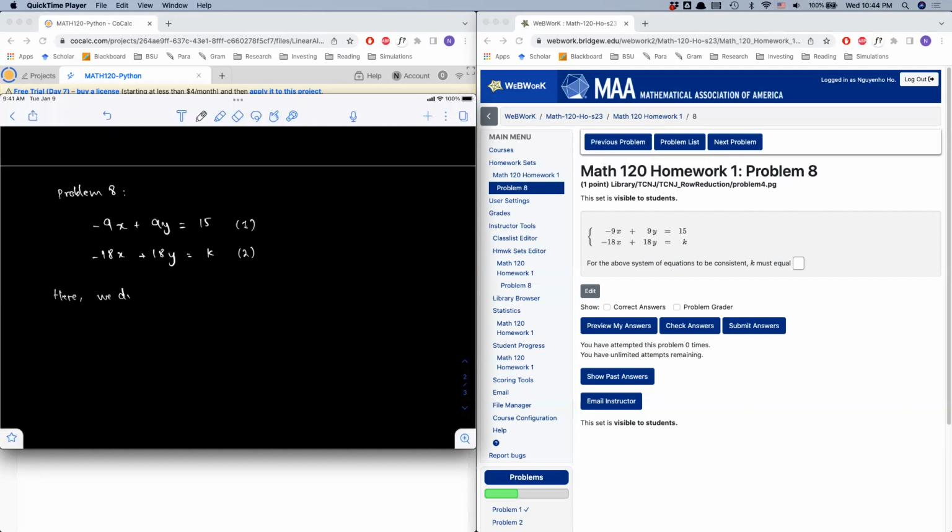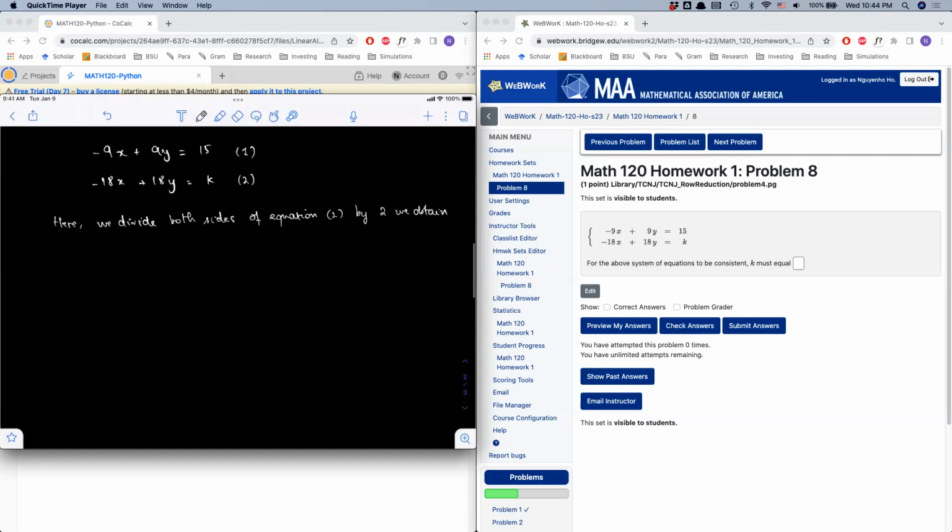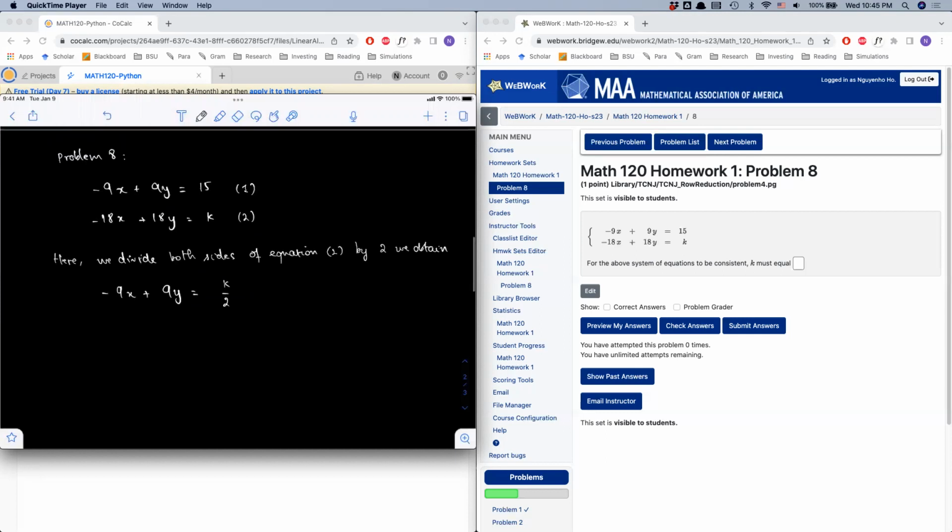We divide both sides of equation 2 by 2, then we obtain -9x plus 9y equal to 1/2 times k. Divided by 2 means you multiply by 1/2, or you can write k over 2, whatever works for you.